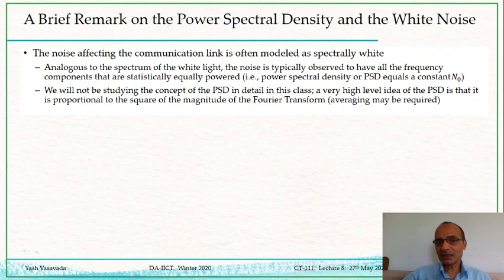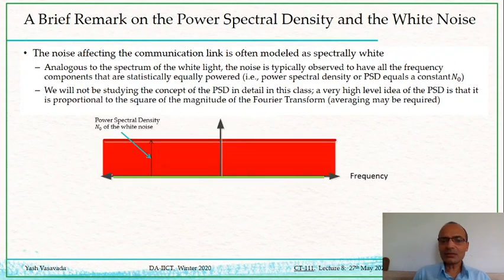Its detailed mathematical definition we won't be covering in this class, but we will say that for white noise, the power spectral density is a constant number, N naught. The height of the power spectral density is N naught, and that holds irrespective of the frequency. No matter which frequency you pick, the power spectral density has that constant height.